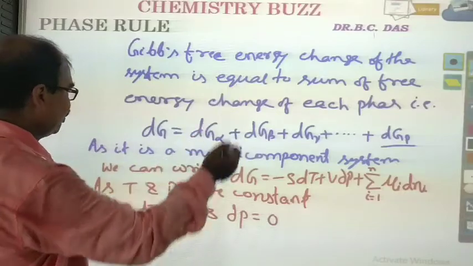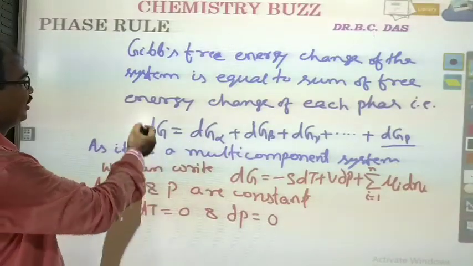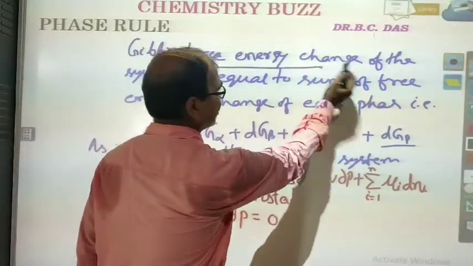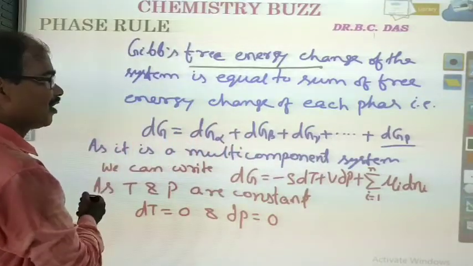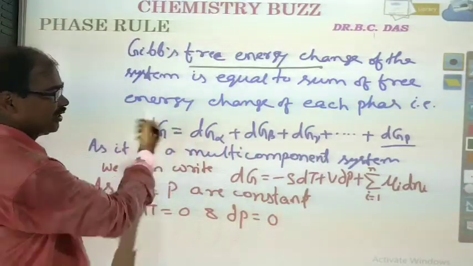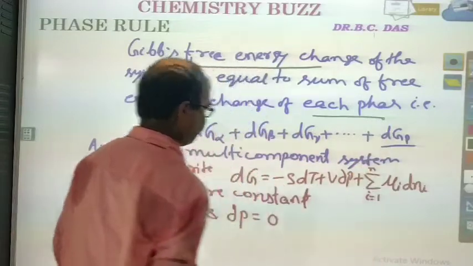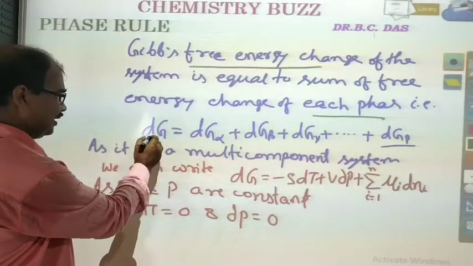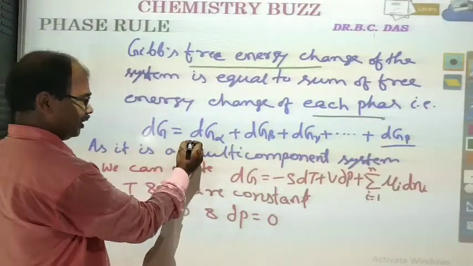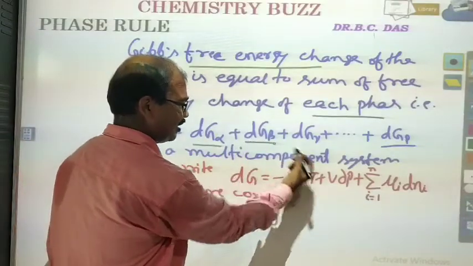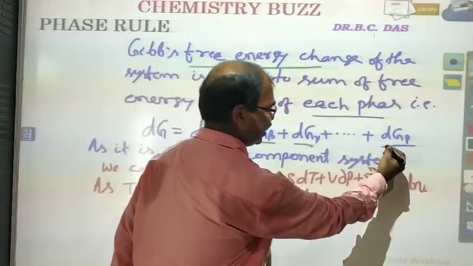There is a number of phases, and the Gibbs free energy change of the system is equal to the sum of the free energy change of each phase. So dG is equal to dG alpha plus dG beta plus dG gamma up to dG P.